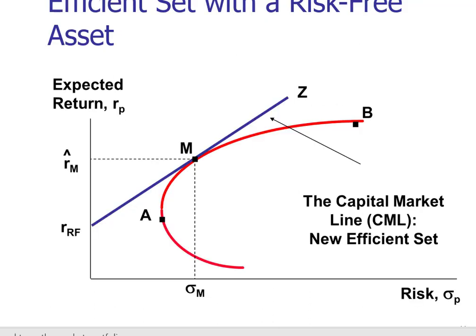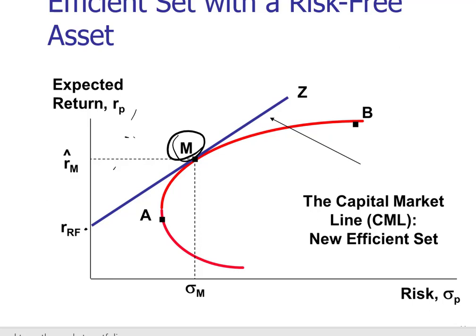So here we have the risk-free asset, and we take this line and drop it down till it touches this curve. Where it touches this curve, we have this portfolio M. It's referred to as the market portfolio.